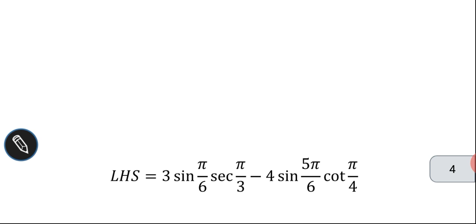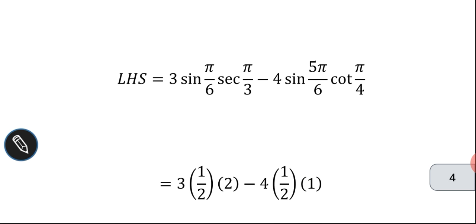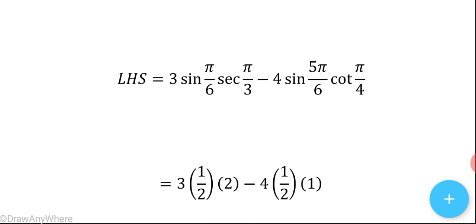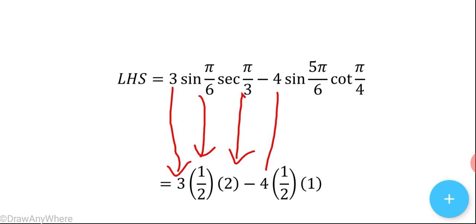So now LHS is equal to 3 sin pi by 6 secant pi by 3 minus 4 sin 5 pi by 6 cot pi by 4. Now plug in the values. Write this 3 as it is. The value of sin pi by 6 is 1 by 2, secant pi by 3 is 2, write this 4 as it is. The value of sin 5 pi by 6 is 1 by 2, cot pi by 4 is 1.